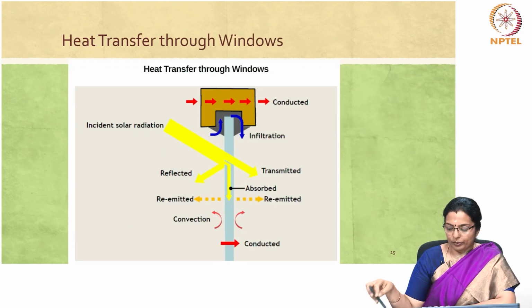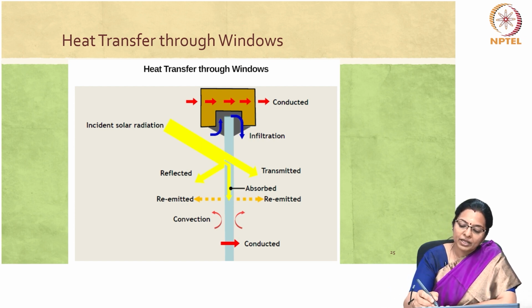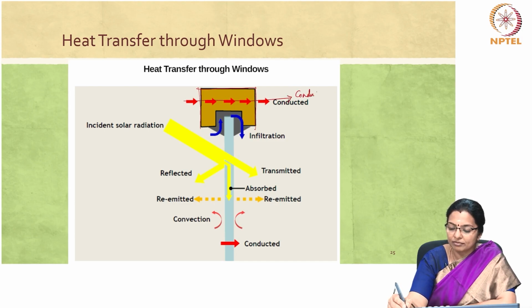Let us briefly look at heat transfer through windows. So, heat transfer through windows happens in this manner. Through the frames of the building, there is conduction of heat. So, heat gets transferred due to conduction.